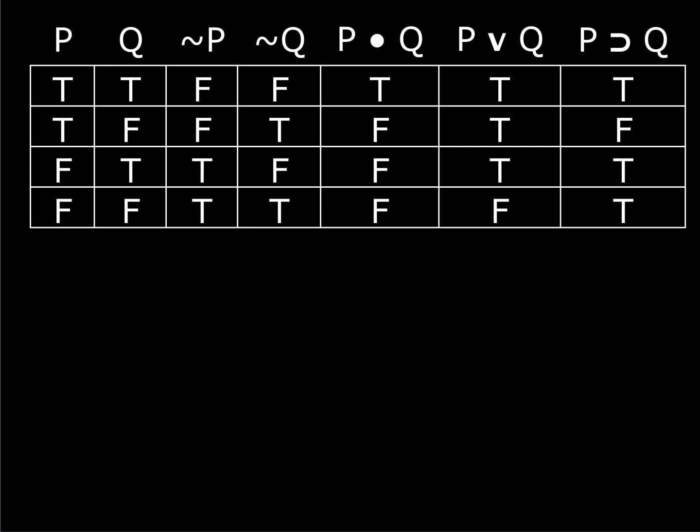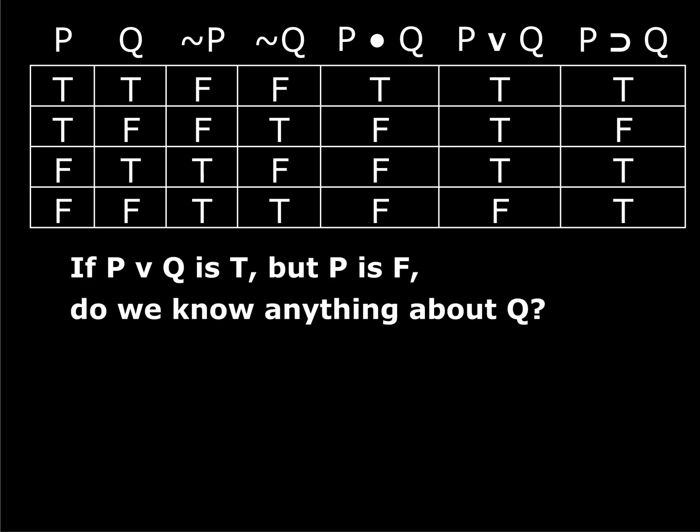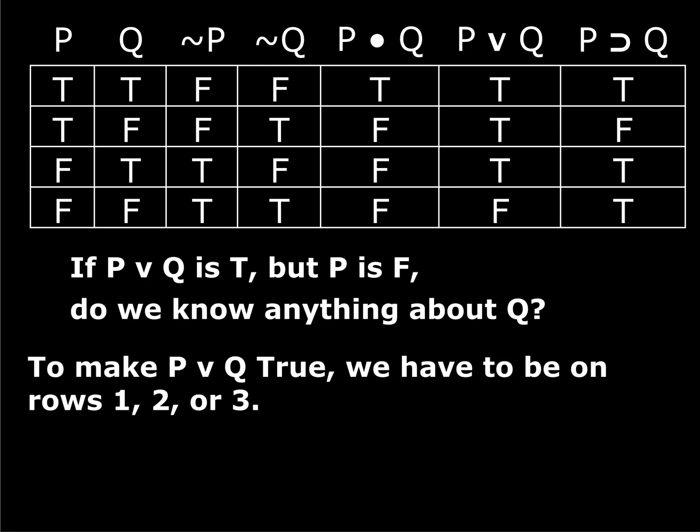Well, now, if we use this table, let's look at a question like, if P or Q is true but P is false, do we know anything about Q? Well, to make P or Q true, we have to be on rows 1, 2, or 3.